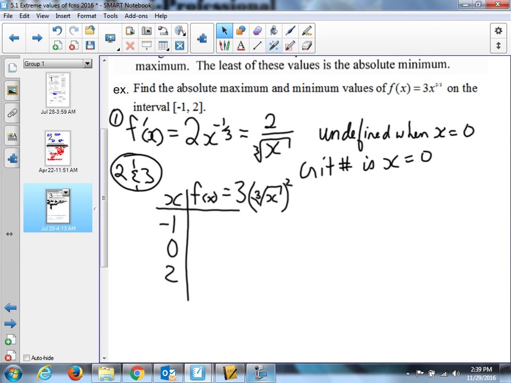Okay. So when you put -1 in there, what does it become? 3. Because you go, well, -1's cube root is -1, but then I square it, +1 times 3. Zeros are easy. 0 times 3 is 0.